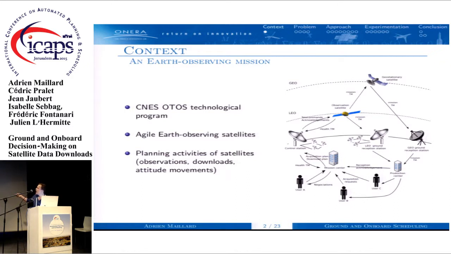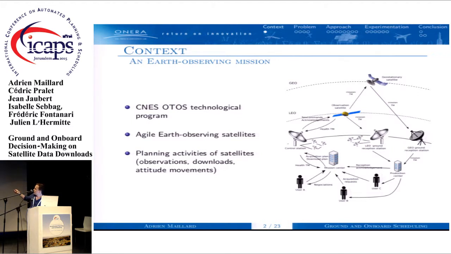control station. Then the observation satellites do the observation and then download the observation through ground reception stations during visibility windows. So windows during which communication is possible between the satellite and the ground reception station.